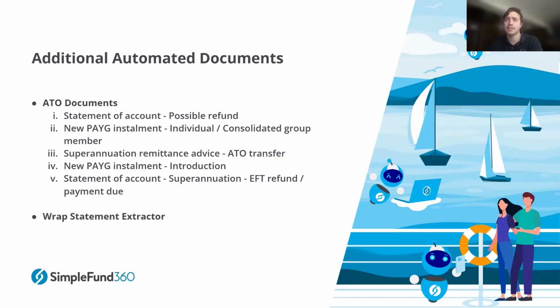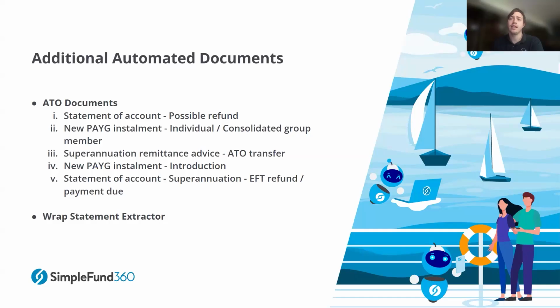So what it means is that we've connected to the ATO's API. And if you enable it, and I'll show you how to enable it later on, anytime your fund or your entity receives a document from the ATO, it's automatically going to flow into your Simple Fund or Simple Invest entity.